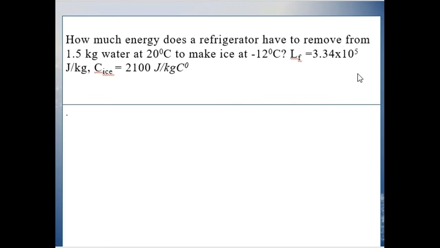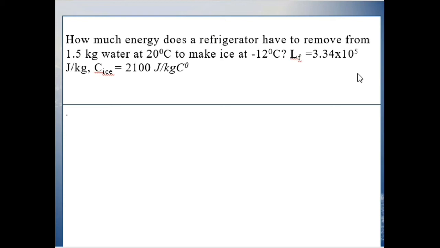Okay, so let's move on to the next item. This is not found in your module, but let's solve it anyway. How much energy does a refrigerator have to remove from 1.5 kilograms of water at 20 degrees Celsius to make ice at negative 12 degrees Celsius? The latent heat of fusion is 3.34 times 10 to the 5 joule per kilogram.